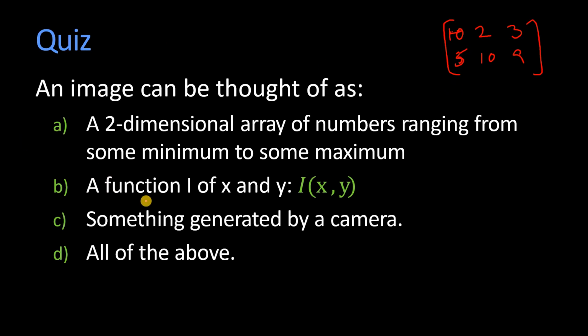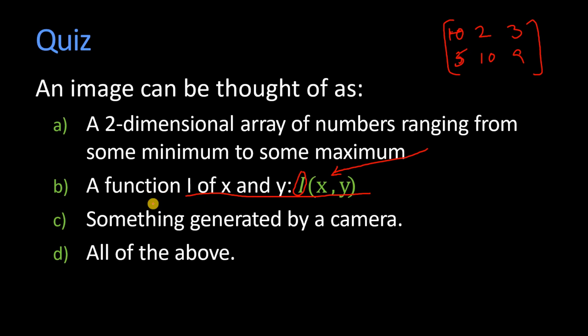Second option is a function I of x and y. So an image can also be written like this. You can give it any variable name over here. It is a two-dimensional function. You provide two input values x and y, and it will return you the image value at that location.